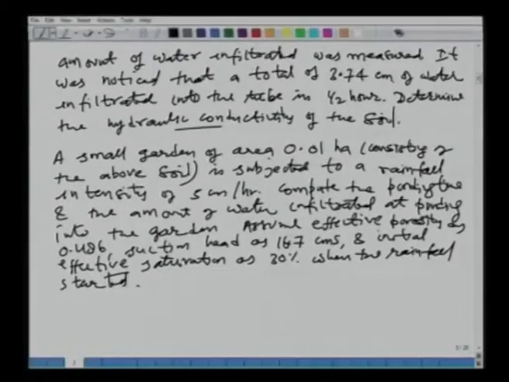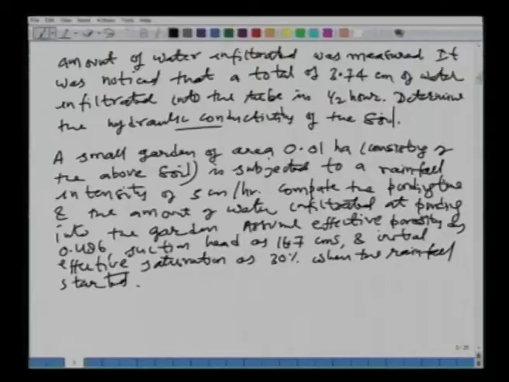The rate of rainfall is given to us, and we have to find how much water will infiltrate into the garden at the time of ponding. Okay. So, it should be very easy to see which equation we are going to use here.